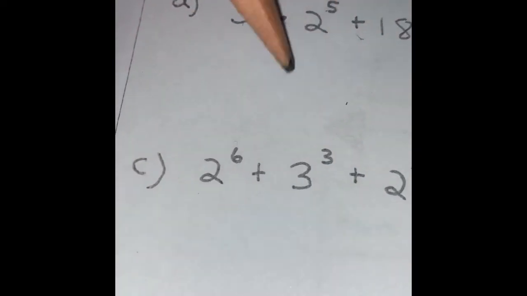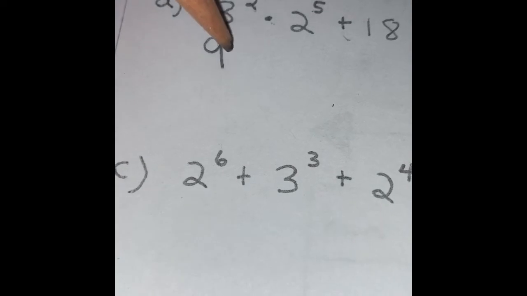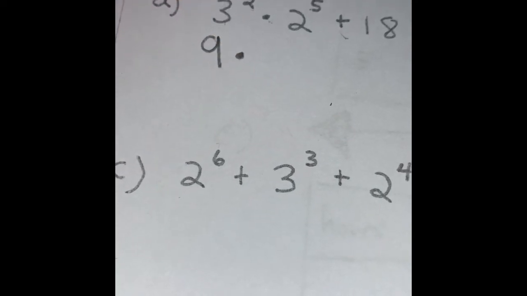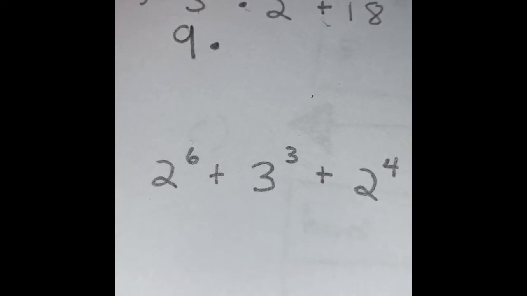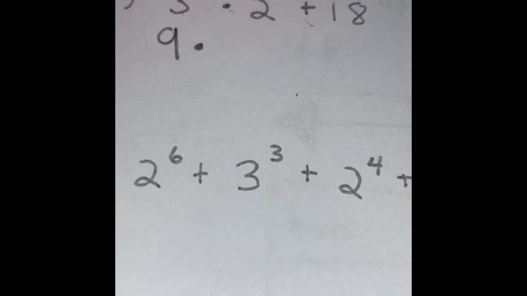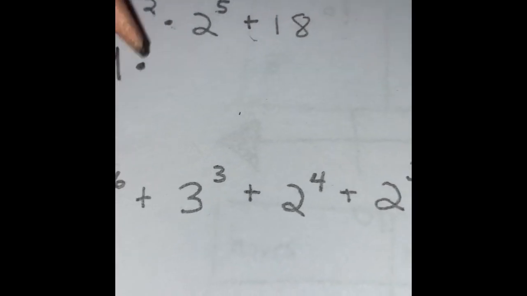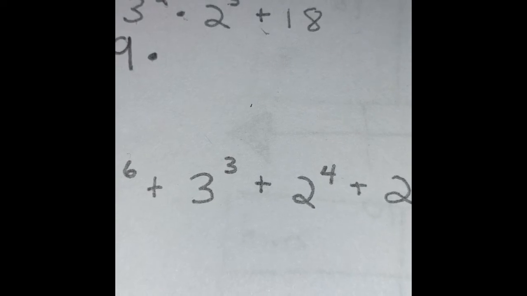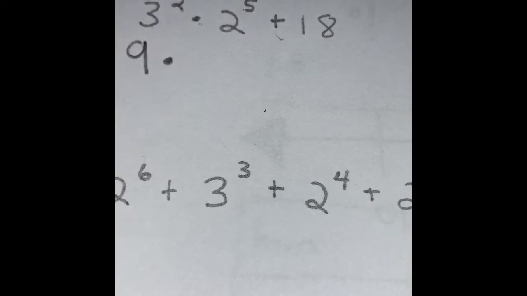What it is is 3 times 3, which is 9, times, and this isn't 2 times 5, this is 2 times 2 times 2 times 2 times 2. 2 times 2 is 4, times 2 is 8, times 2 is 16, times 2 again is 32.